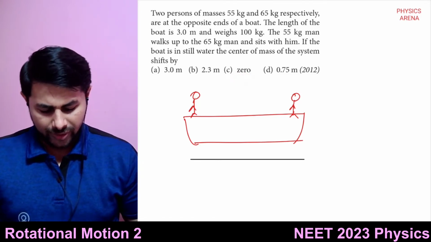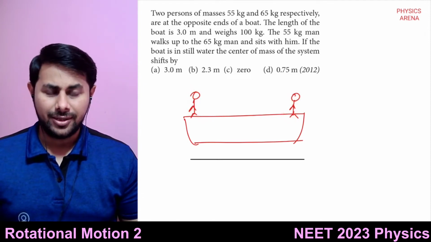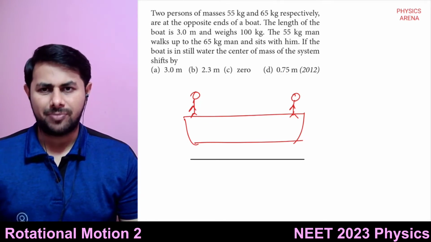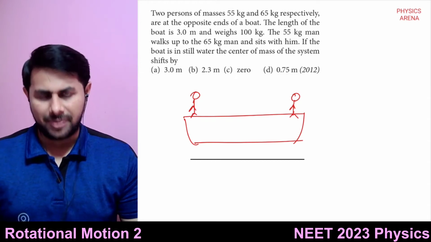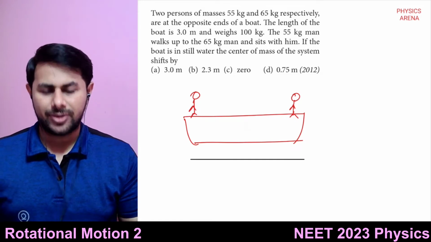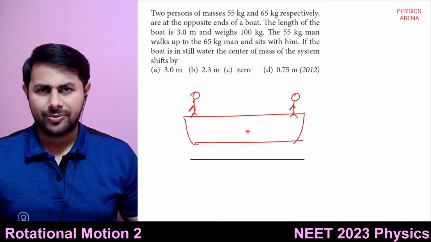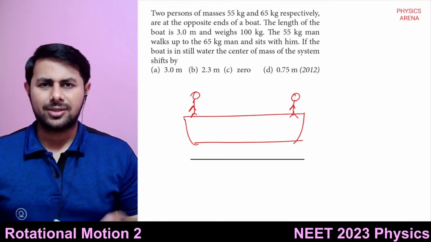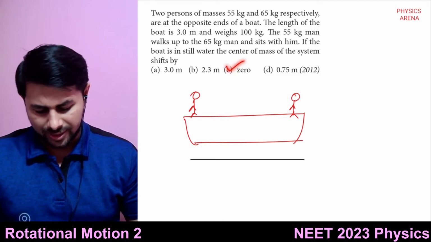Whatever the masses do internally, there won't be any acceleration of the center of mass. It won't change the velocity of the center of mass. So if initially the velocity was 0, the velocity will remain 0. If the center of mass was at rest, it will remain at rest, right? So option C is the answer.